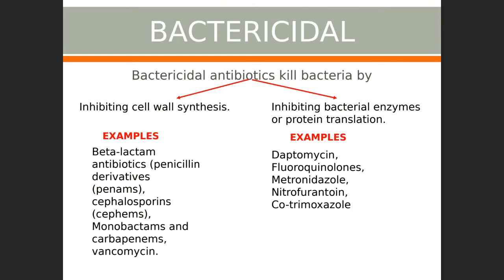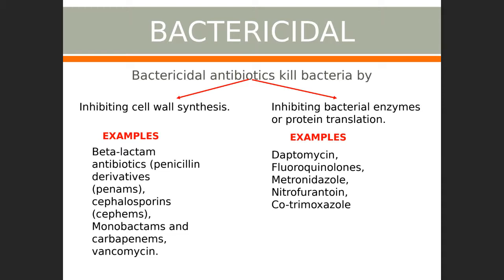Now, bactericidal antibiotics, we are saying that they kill the bacteria. How are they killing the bacteria? They are basically attacking the cell wall of the bacteria, or they are attacking the enzymes or proteins which are present in the cell membrane of the bacteria.